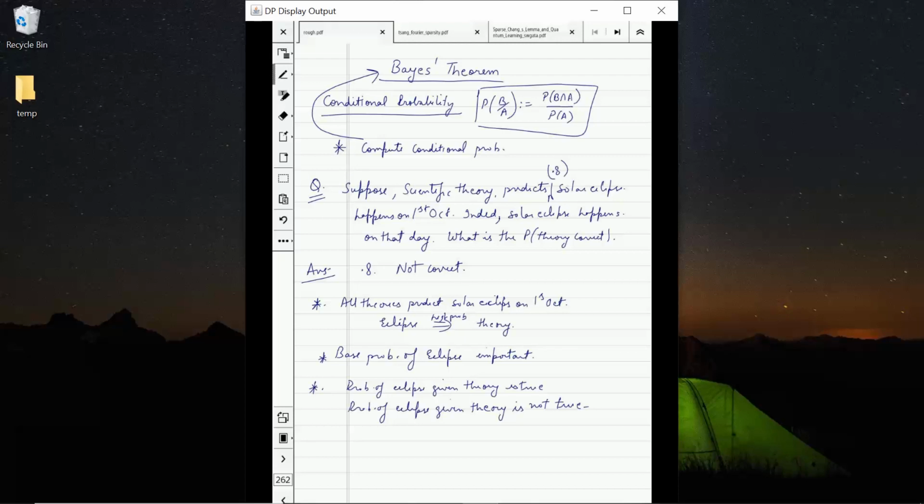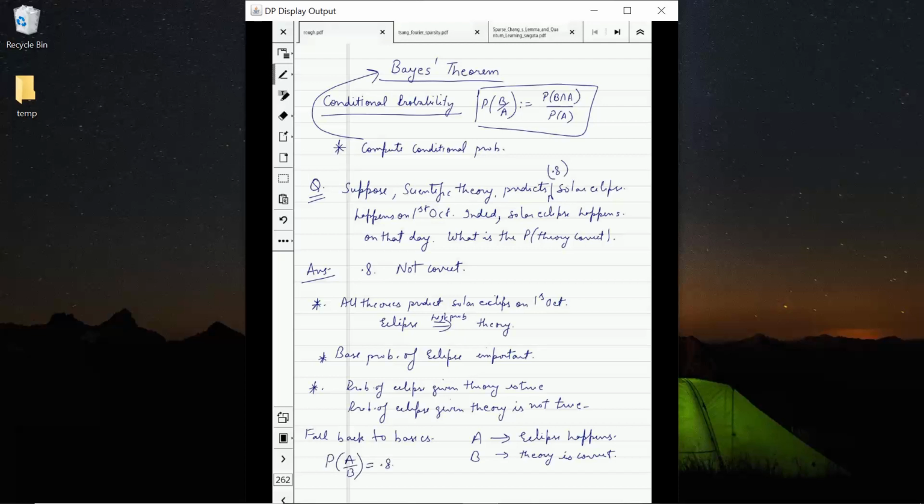What would we do? We'll fall back to the basics. In this case, remember, what is the question asked? Say A is the event that eclipse happens on such and such date. B is the event that the theory is correct. It is given that probability of A given B is 0.8.